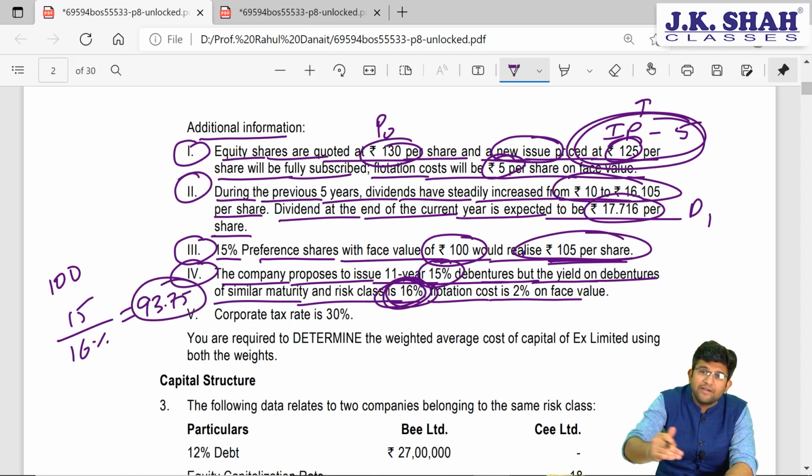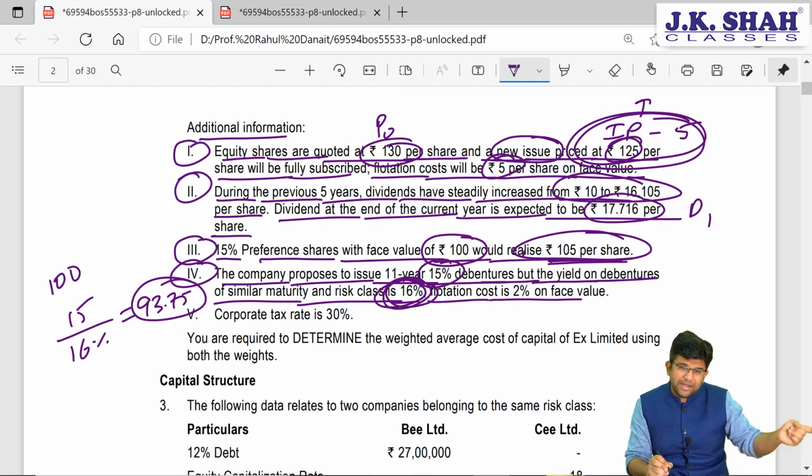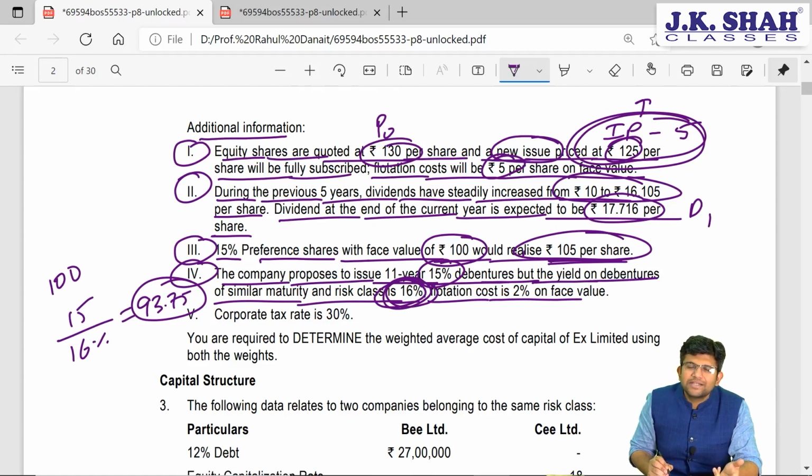Let us understand in reverse. We are asking investors to invest 93.75 in this debenture and will give them a 15 rupees per annum coupon. Students, on the 93.75 rupees investment, if the investors get a 15 rupees coupon every year, that amounts to a 16% return for them, that is 15 upon 93.75 into 100.